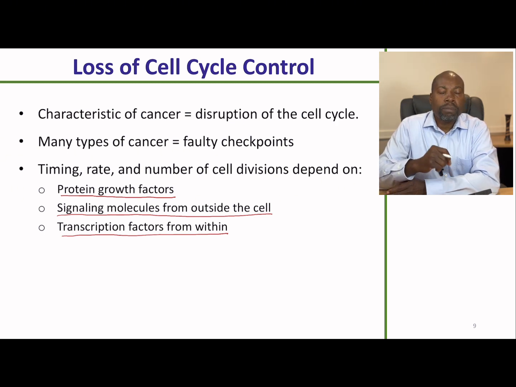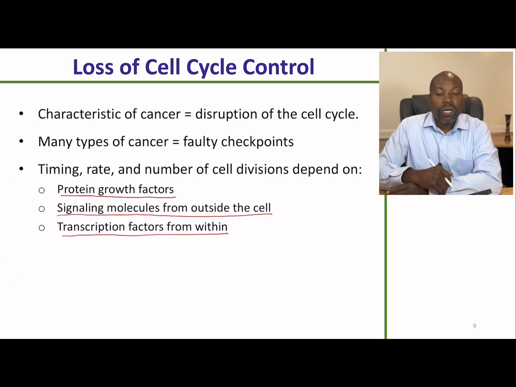Remember, when proto-oncogenes are expressed, it is to stimulate cell division. Now, if we have transcription factors that are systematically causing proto-oncogenes to express, that is going to lead to uncontrolled cell division.